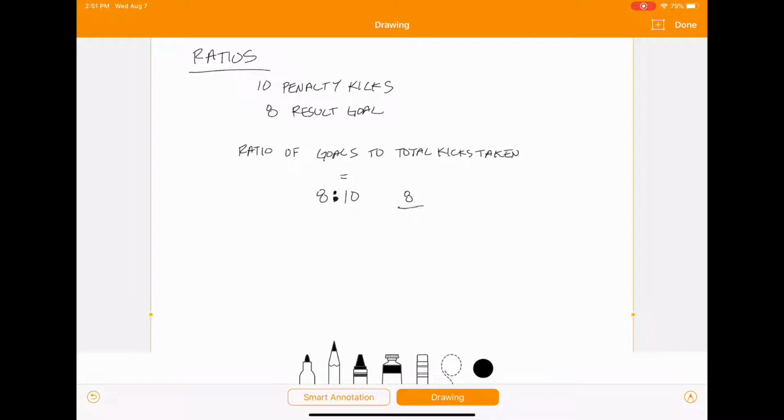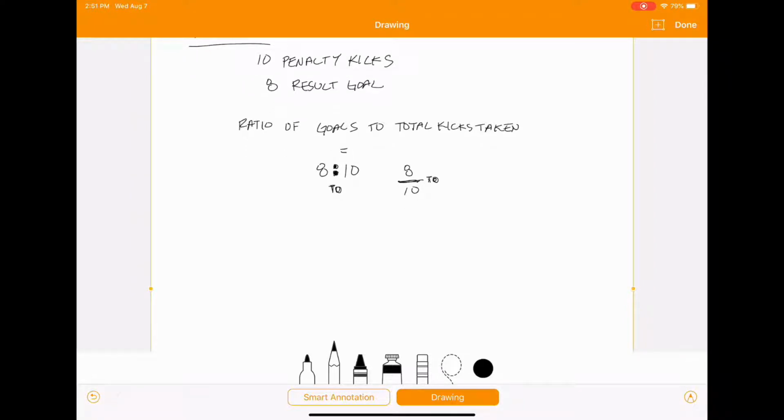So ratios are denoted by either a colon or a fraction. And either is correct. But when you say it, you always say 8 to 10. So the colon, you say the word 2, or this fraction sign, you say the word 2.